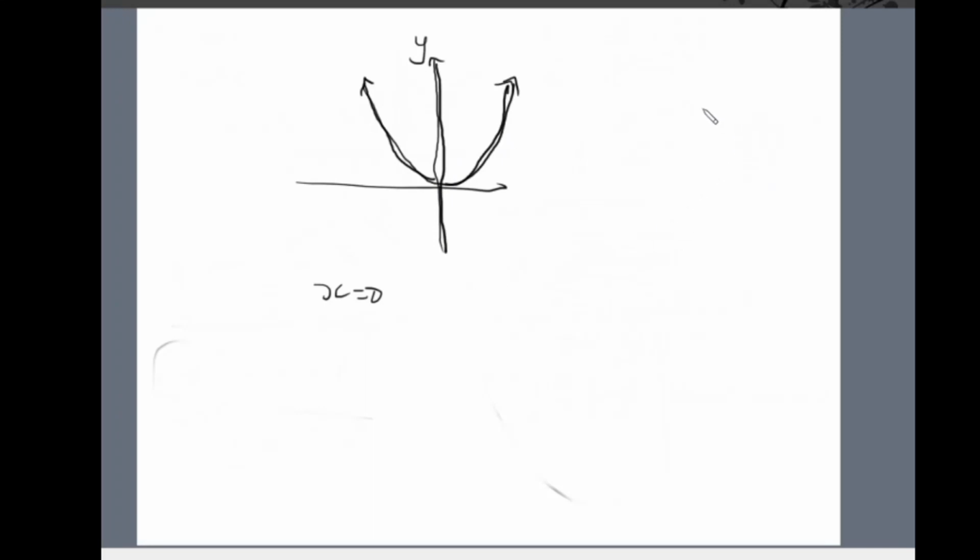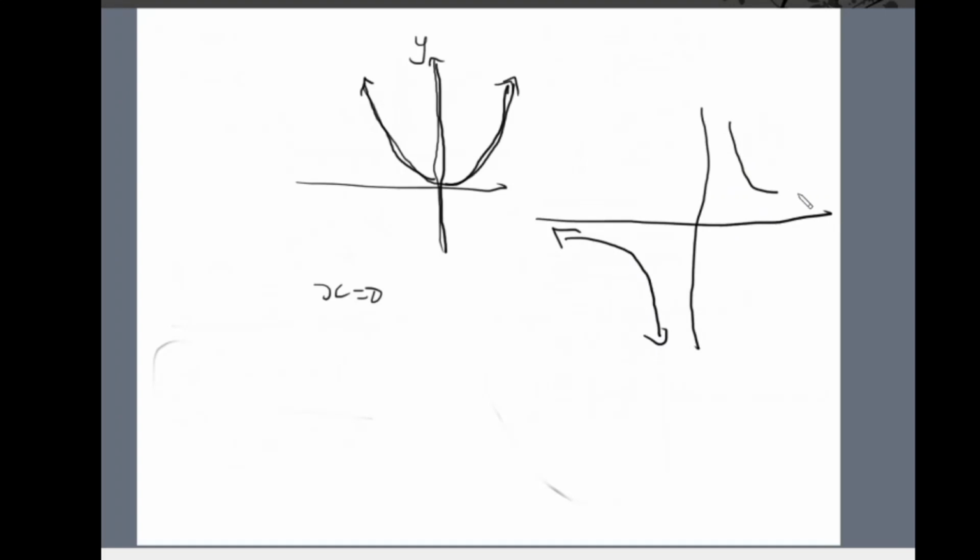Now for a hyperbola, that mirror line will look something like this. A hyperbola is like this. The axis of symmetry for a hyperbola is the line y equals x, which is the straight line. This part of the hyperbola is reflected across the line y equals x to give this image here.